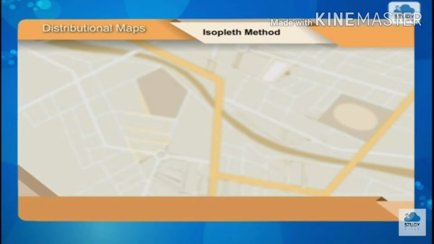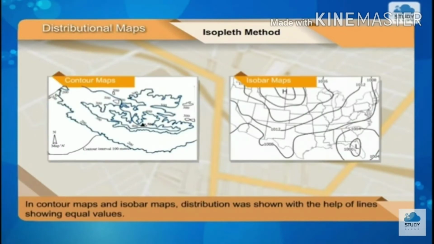Isopleth method. In the isopleth method, contour maps and isobars are used. The distribution is shown with the help of lines showing equal values.